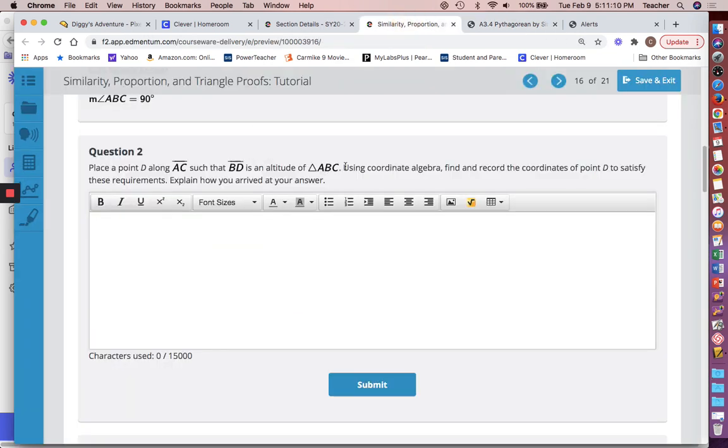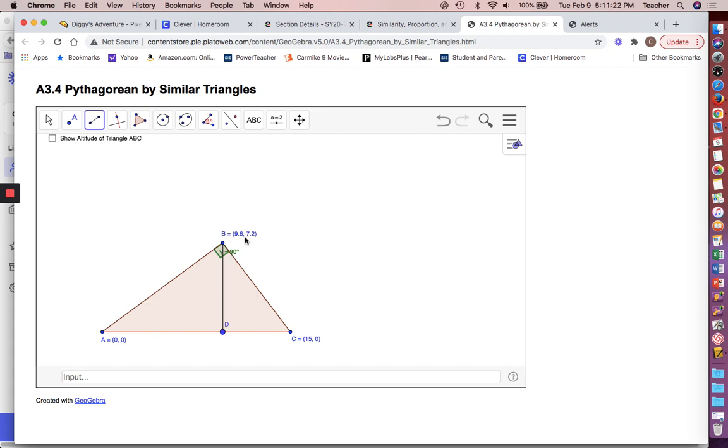All right. So using coordinate algebra, find and record the coordinates for D and satisfy these requirements. Explain how you derive it. Oh, man. Okay, well, I did that before I even realized I had to do that. All right, so look, to get to B, the ordered pair is (9.6, 7.2). At your starting point, which is usually called the origin, you have to go over to get the first number, and then you have to go up to get the second number.